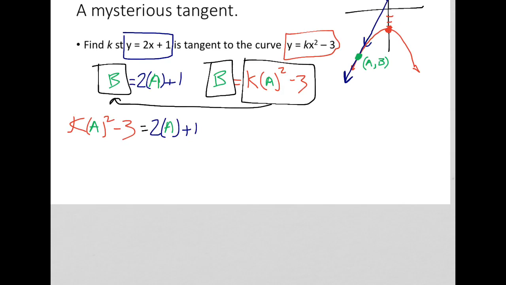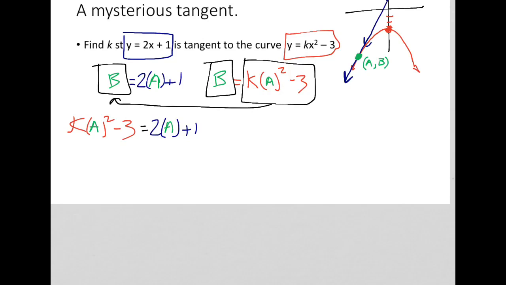And I'm going to leave that unsimplified for now, because think about the other thing we know. We just got an equation based off of what we know about that point A, B, the point of tangency. We know it's on both functions. Think about the other thing we know when we're writing the equation in, say, point-slope form or slope-intercept form. You know a point and you know a slope.